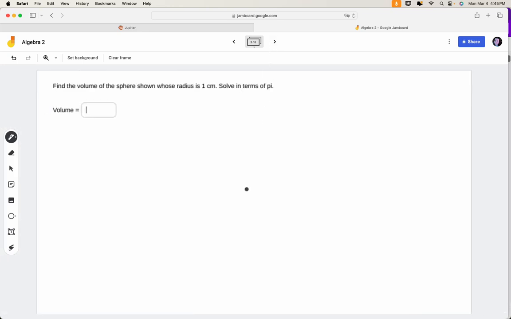Find the volume of the sphere whose radius is 1 centimeter. Solve in terms of pi. That just means we're going to use the pi symbol and we're not going to calculate it. So we're going to do the same thing. 4 pi r cubed over 3. And since this is 1 centimeter cubed over 3, that's going to be 1 times 1 times 1 is 1.